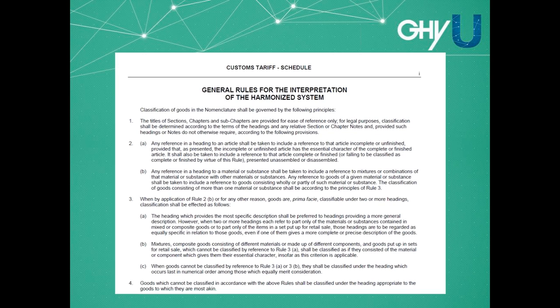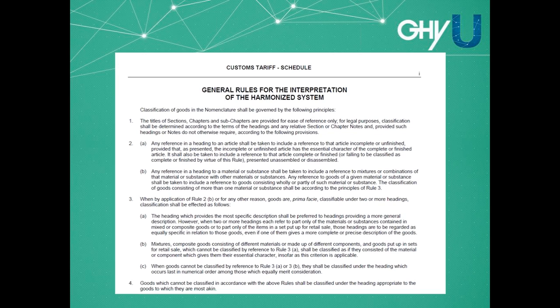It says any reference in a heading to an article shall be taken to include a reference to that article, incomplete or unfinished, provided that, as presented, the incomplete or unfinished article has the essential character of the complete or finished article. It shall also be taken to include a reference to that article, complete or finished, or falling to be classified as complete or finished by virtue of this rule, presented unassembled or disassembled.